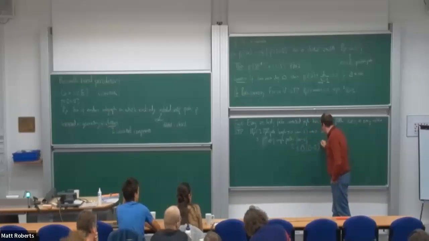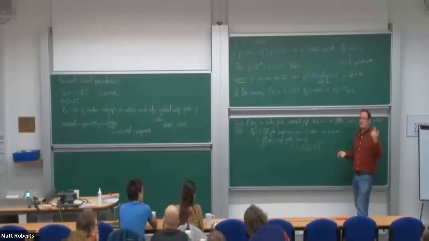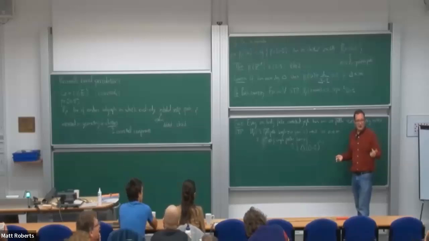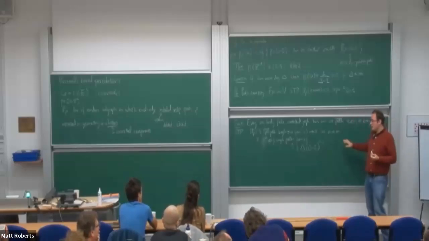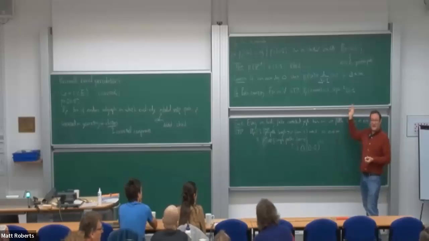So this is just bounding the number of simple open paths by saying the first step you have at most delta choices. Every subsequent step you have at most delta minus 1, because you don't want to immediately go back. In fact, on a tree, this really is the number of simple paths, and in fact p_c is 1 over delta minus 1.